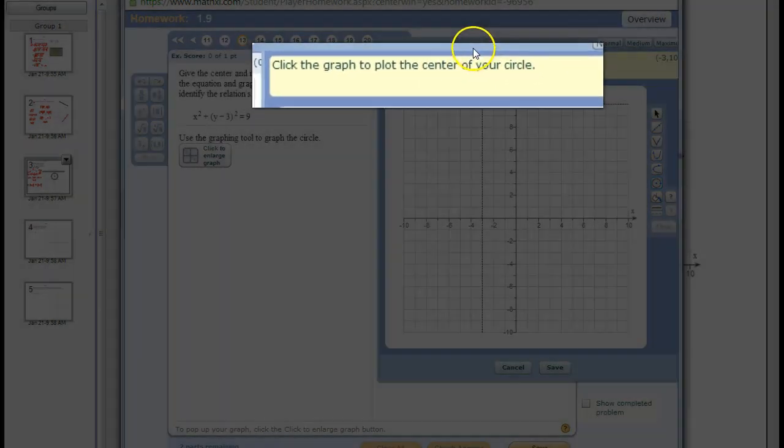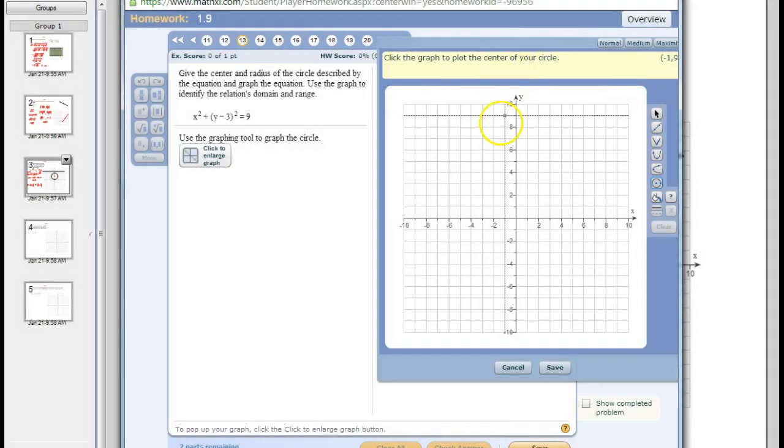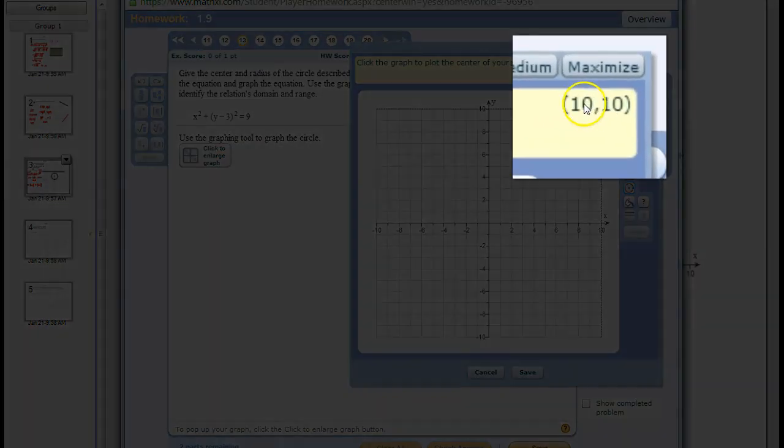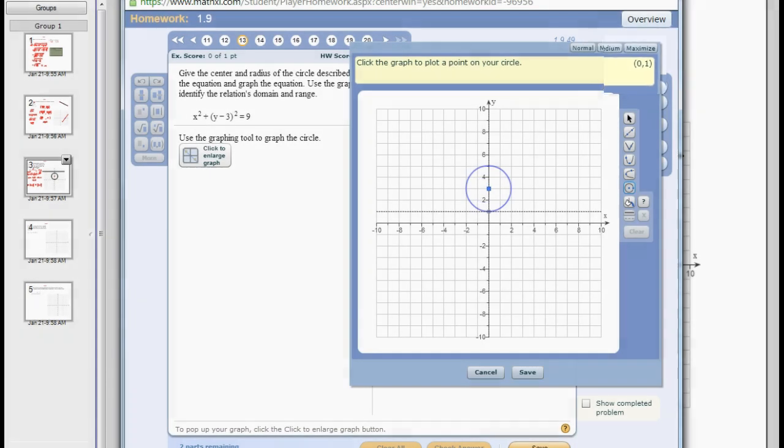We determined the center of the circle to be (0, 3), so that's on the y-axis. You can tell up here in the corner that's the point I'm going to plot if I click it. It says I'm going to plot (0, 3). I click it, and there's the center.